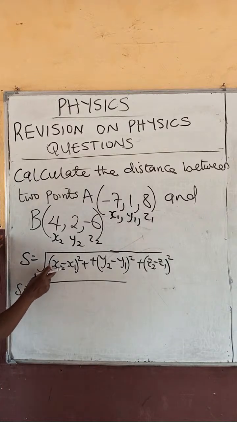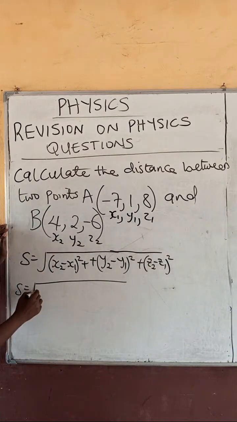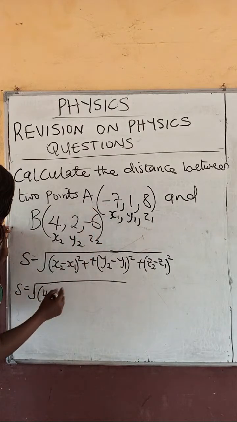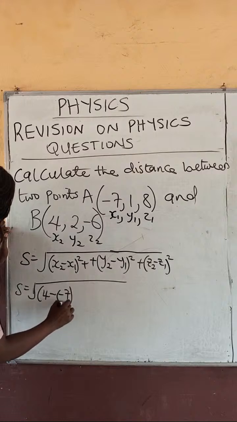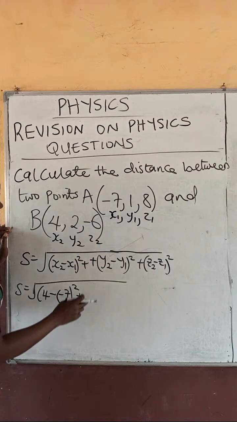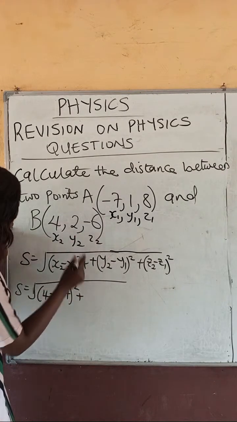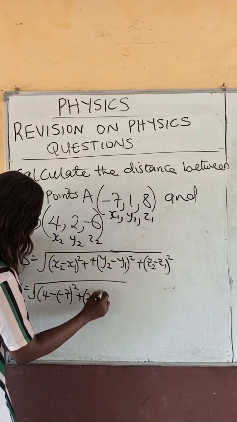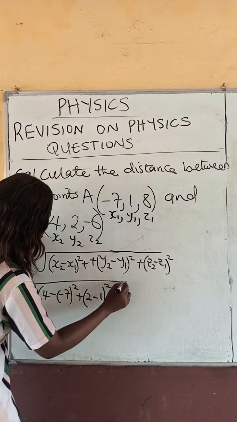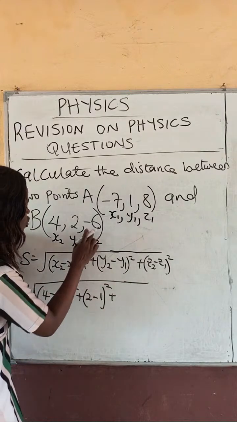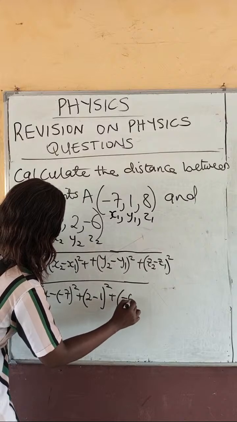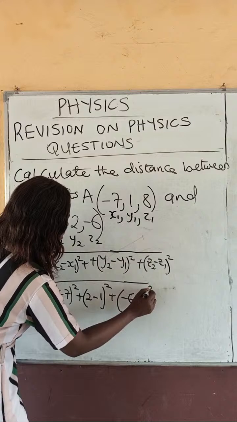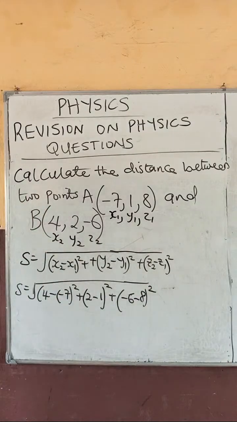Let's put in the values. What's my x2? My x2 is 4 minus my x1 is minus 7, so brackets minus 7 all squared, okay? Plus my y2 is what? 2 minus my y1 is what? 1 all squared, okay? Then my z2 is minus 6 minus my z1 is what? 8 all squared, right?